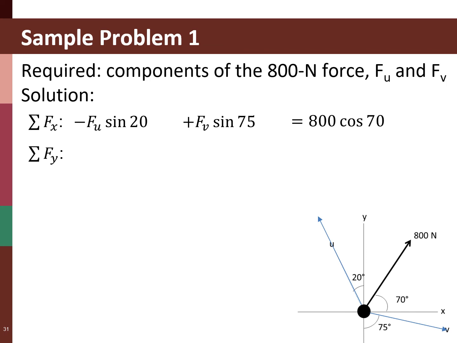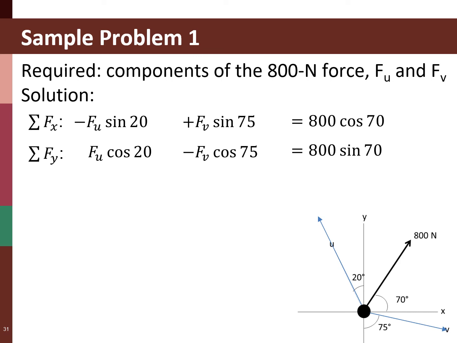And for the y components, f sub u cosine 20 minus f sub v cosine 25 is equal to the y component of the 800 Newton force, which is 800 sine 70.